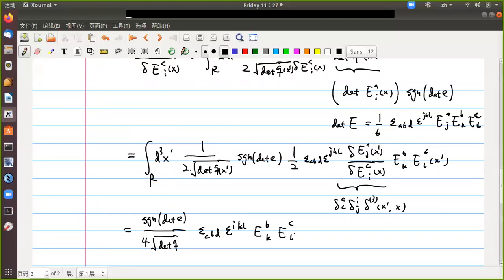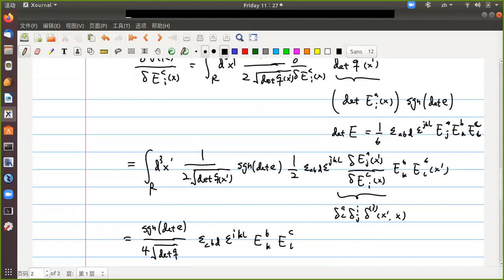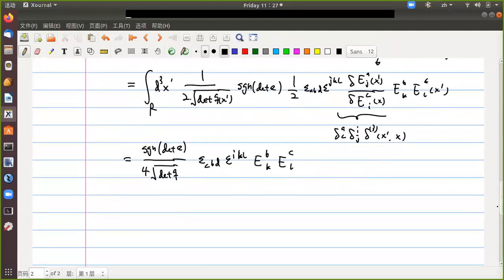Yeah, so this is the result of the functional derivative of volume. Now you are going to use this formula. So let's just compute the Poisson bracket between A, C, X, and volume. Okay. So firstly, this A, C, X is a matrix.